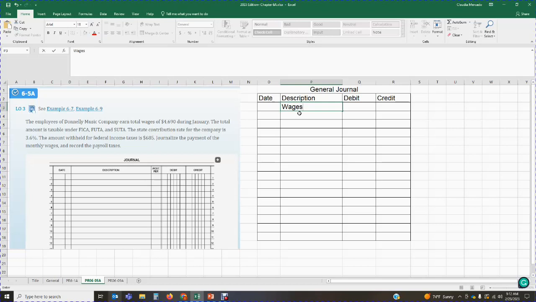I don't want to confuse you by putting wages expense, because when you do your homework, you're not going to find the word expense on your Cengage. In reality, the account wages is an expense account, but I'm going to keep it as the textbook explains it. So just remember that the account wages is wages expense, and it's an expense account.